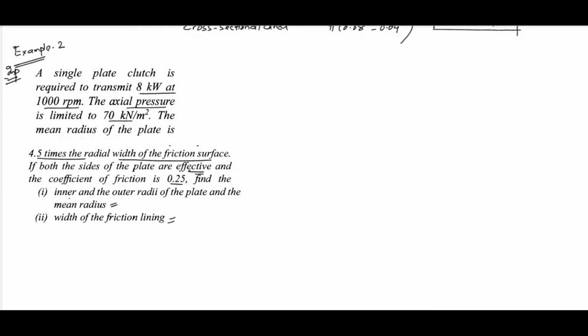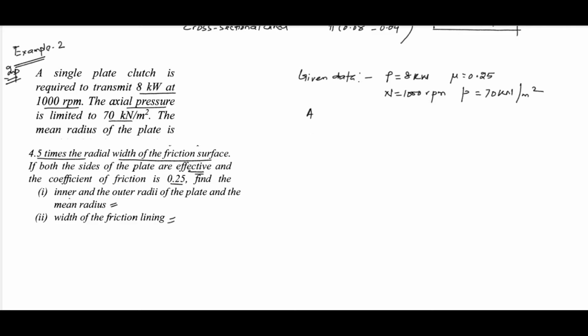Now in this case the given data are: P is given power 8 kilowatt, mu is given 0.25, n is given rpm 1000 rpm, P intensity of pressure is 70 kilonewton per meter square.